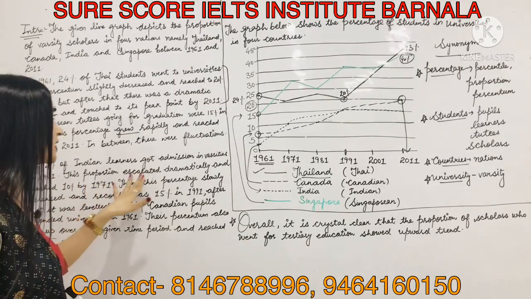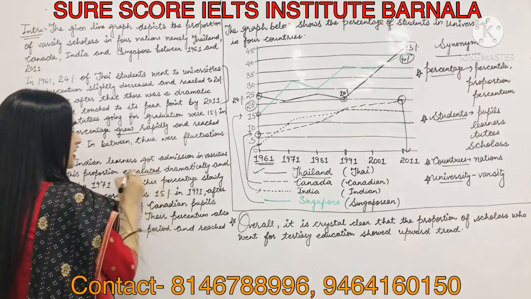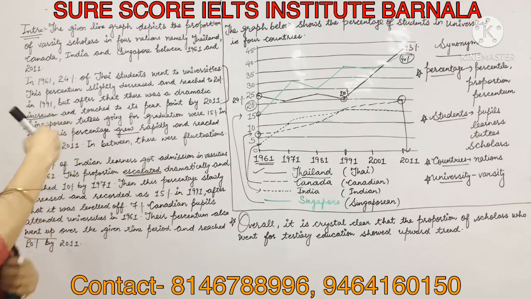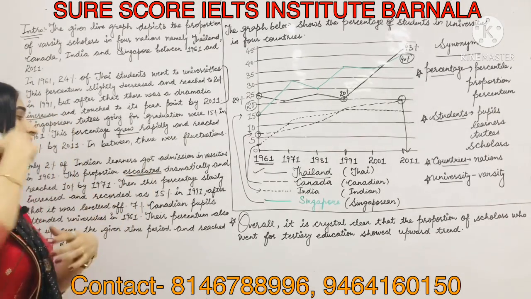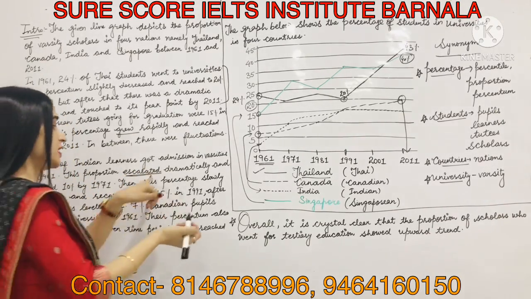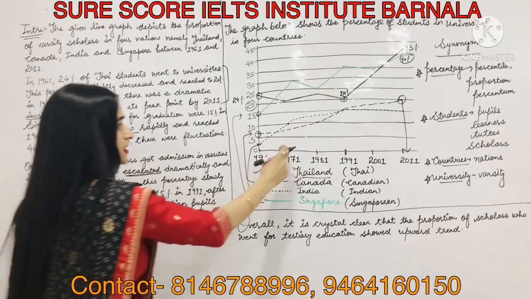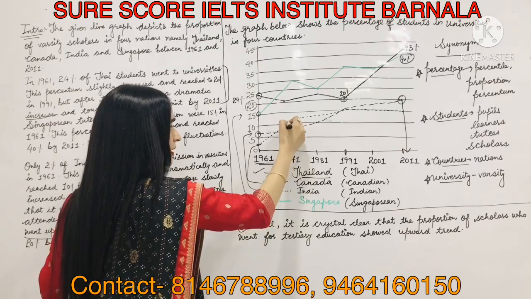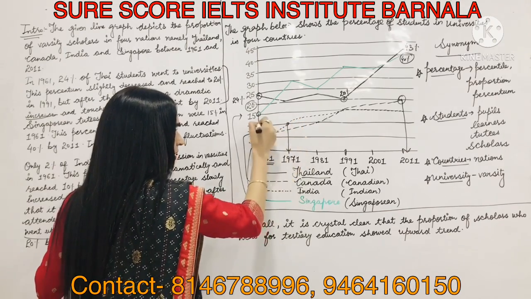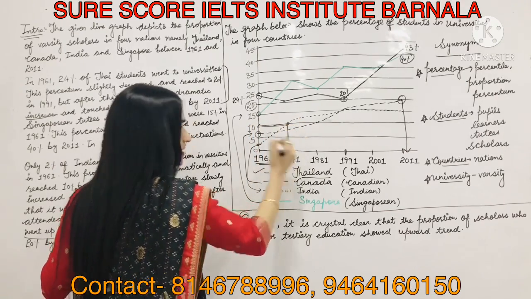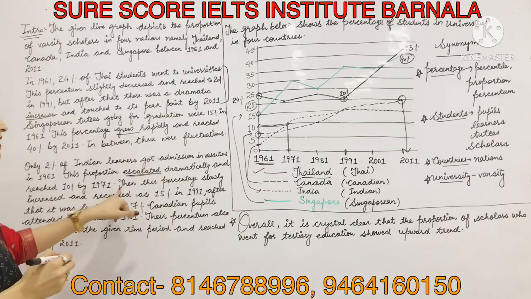This proportion escalated. Now we are using "escalated", which again means there was an increasing trend. So it escalated dramatically and reached 10%. Here we can check that the value is 10% in 1971.